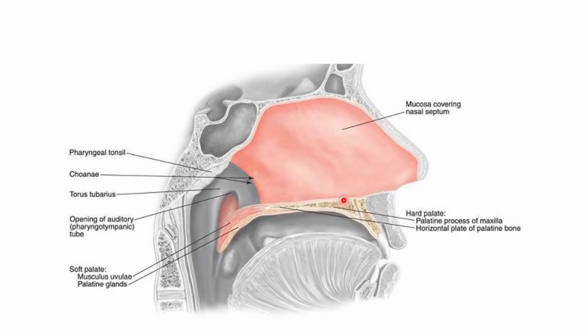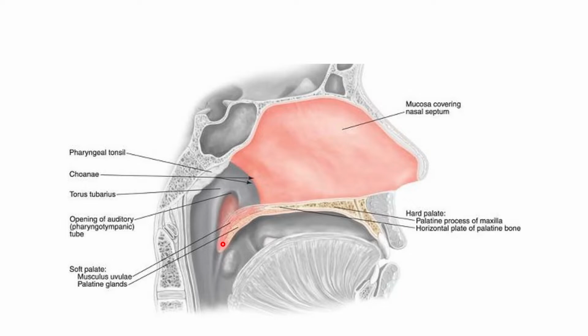As we can see here, this is the sagittal section showing the nasal cavity with the nasal septum and the oral cavity below. We can make out the soft palate, which is pinkish in color and directed downwards and backwards.